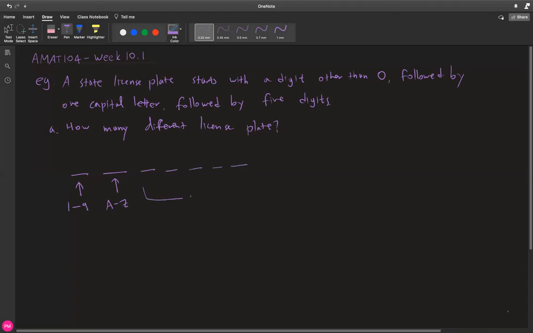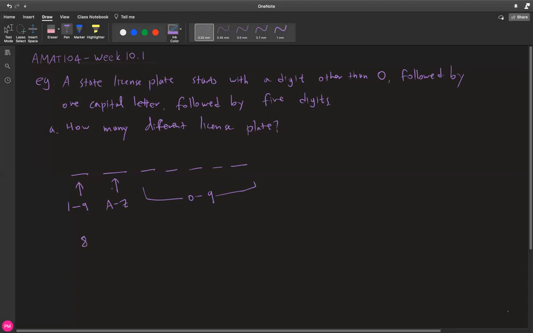And all of these could be from 0 to 9. So in the first digit, we have 9 different possibilities. Ooh, my mistake, here we have 9.